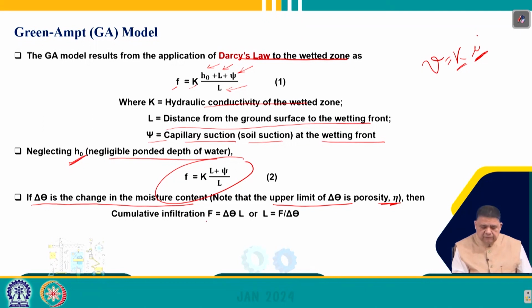Thus, cumulative infiltration we can say is delta theta times L, L is the depth and delta theta is the change in the moisture content, or we can write that L is equal to F by delta theta.